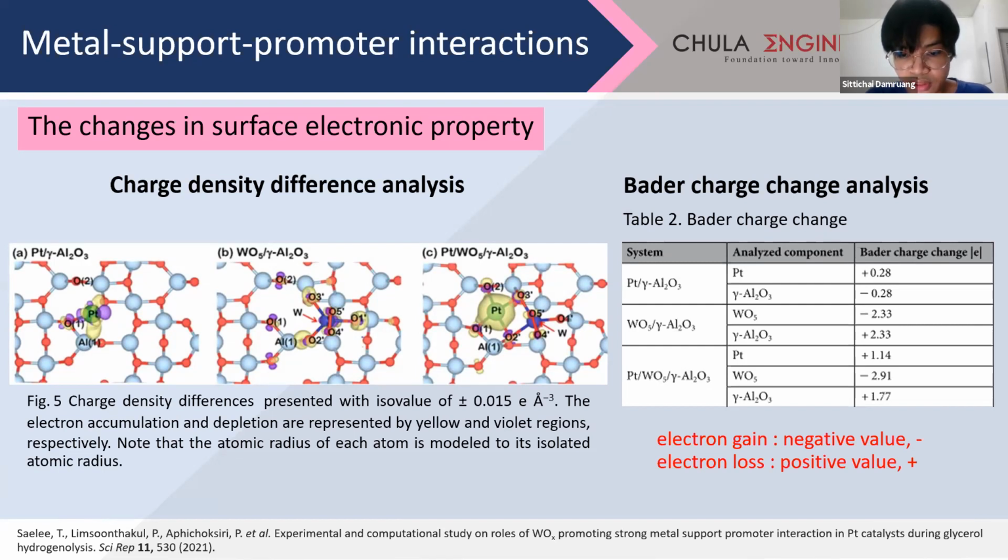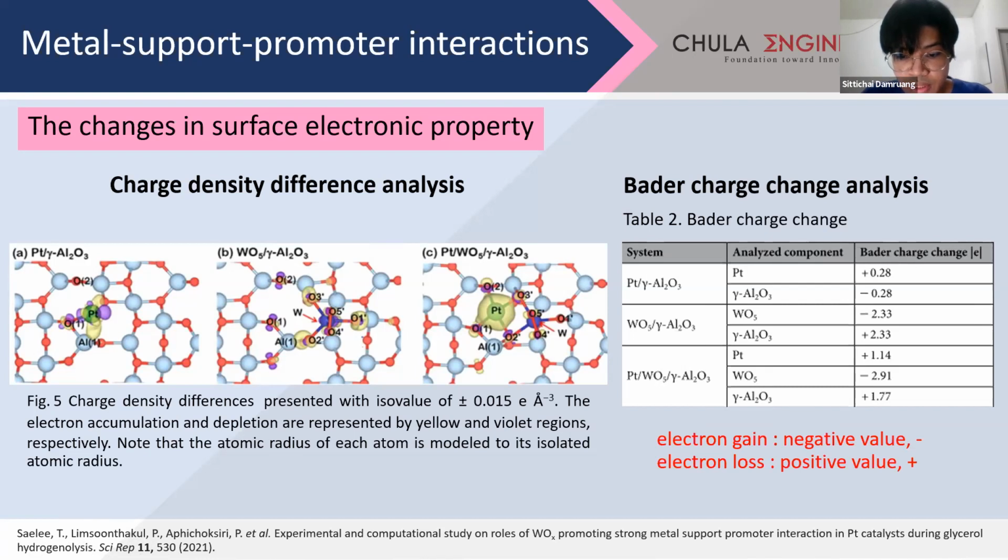The electron deficit of more oxygen sites on the surface would lead to a higher tendency in the acceptance of incoming electron-rich species. And in figure C, the platinum tungsten on gamma alumina model determines the tungsten species to be an even stronger electron acceptor than when platinum is absent.